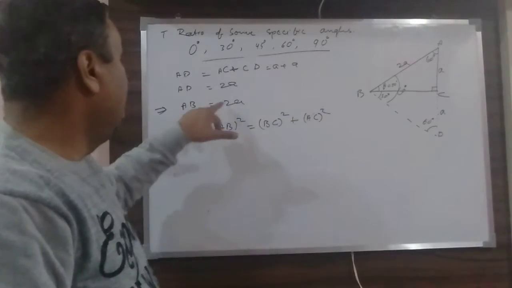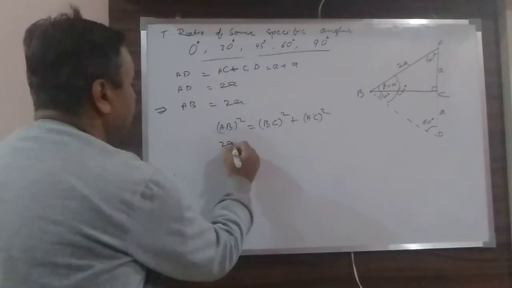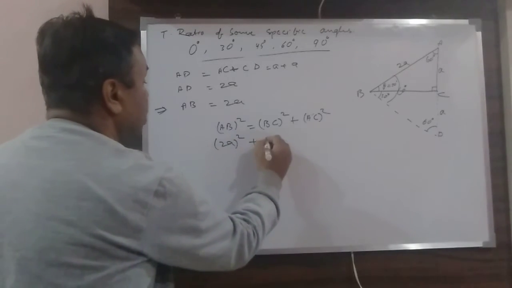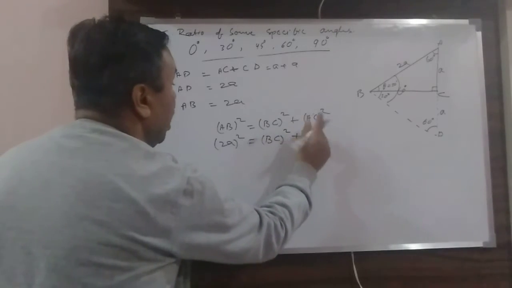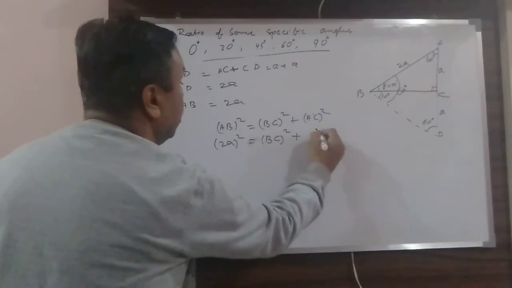Now what is AB? I have calculated. It is 2A square equal to BC square plus what is AC? A square.